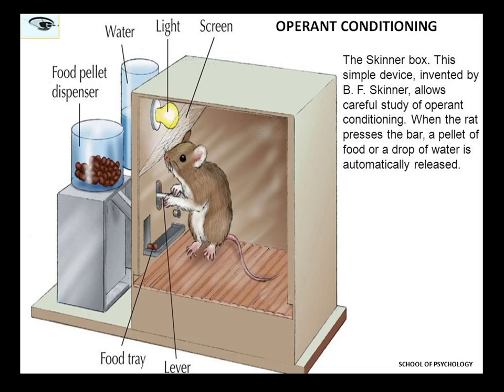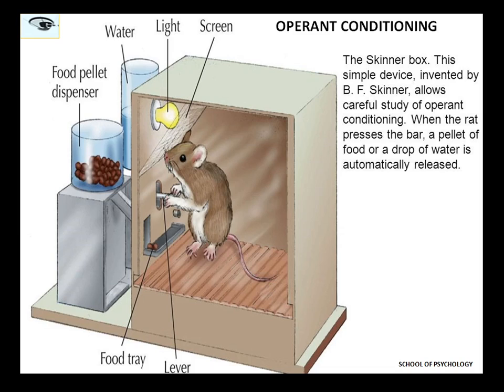He could only move around in the box, helplessly, but not get out of it. What was there in the chamber? There was a lever, which could be pressed, and there was also a food container.